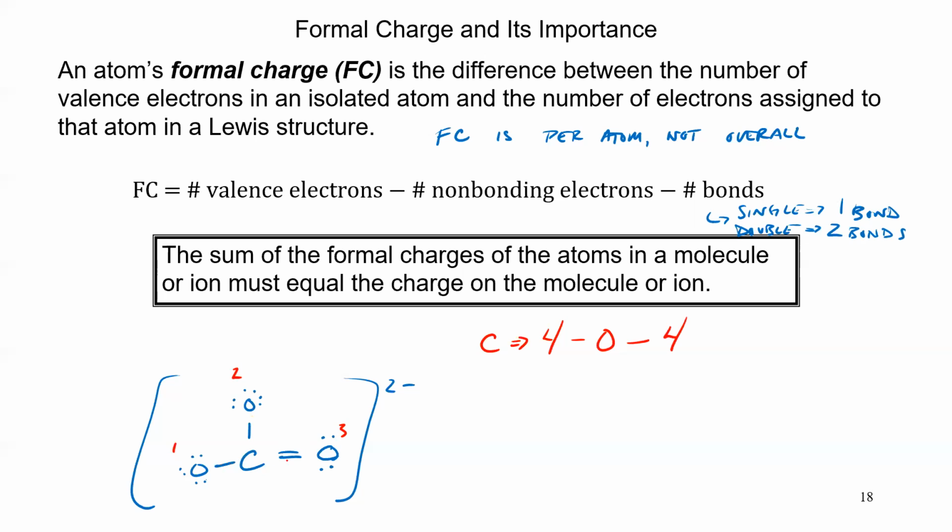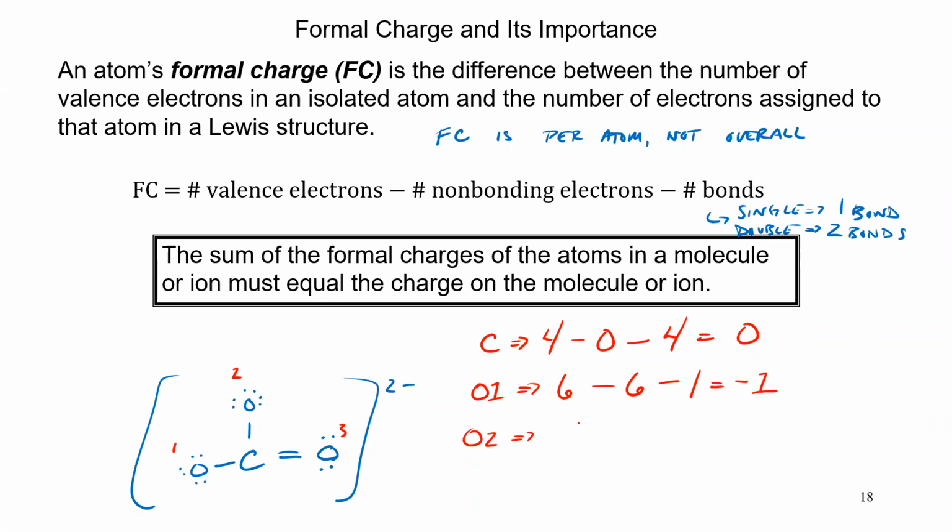So 2 single bonds and 1 double bond counts as 4 bonds. And so our formal charge on carbon is 0. How about for oxygen 1? Oxygen always starts with 6 valence electrons. How many non-bonding electrons on oxygen 1? 6. And he's got 1 bond to the carbon. 6 minus 1 is -1.